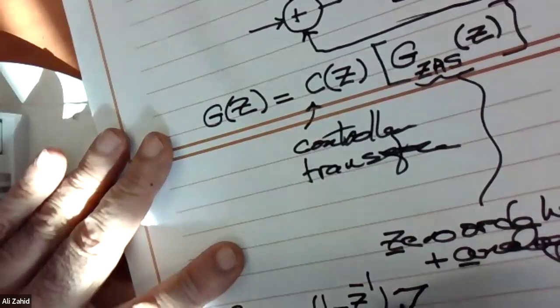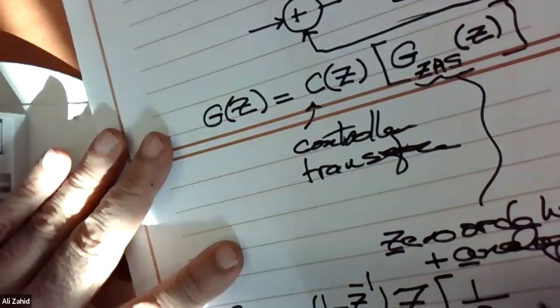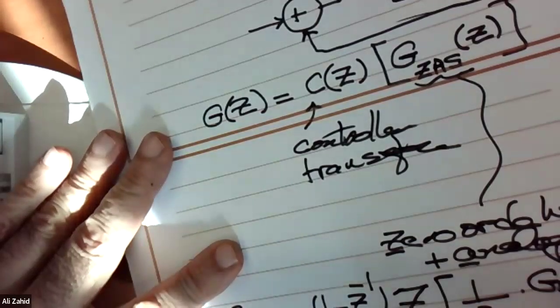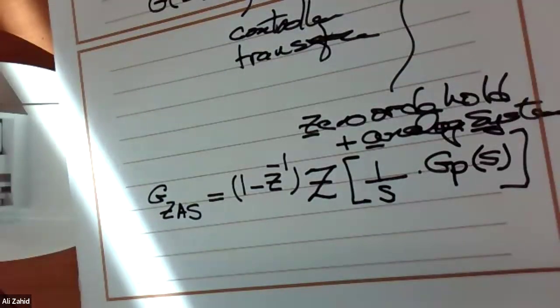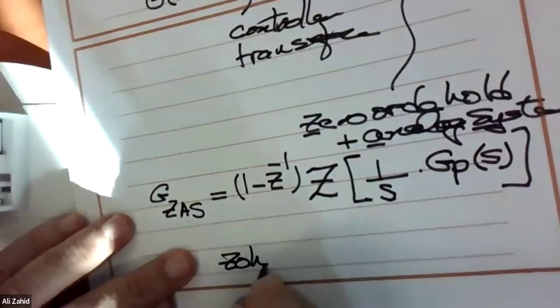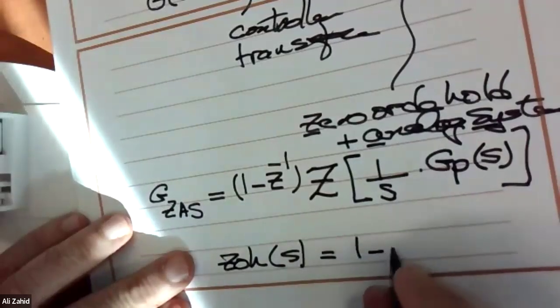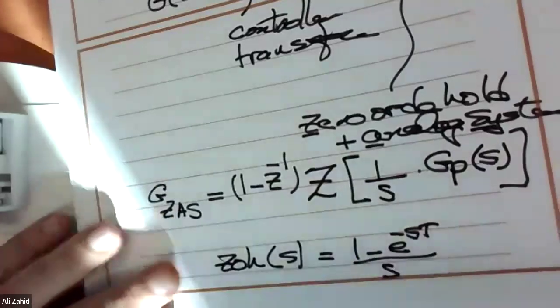The Z transform of what? 1 over S times G P of S. Can you tell me where this came from? What is this O of S? 1 minus E to the minus ST over what? S. You're right.